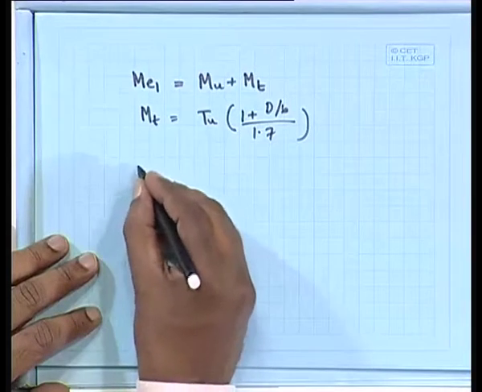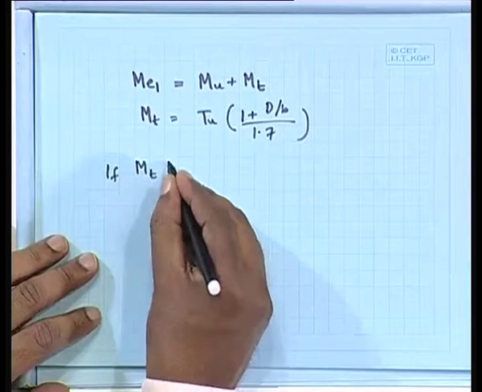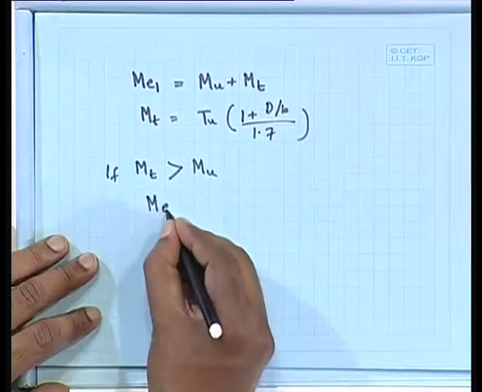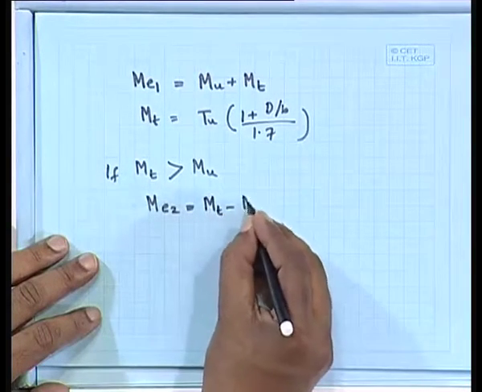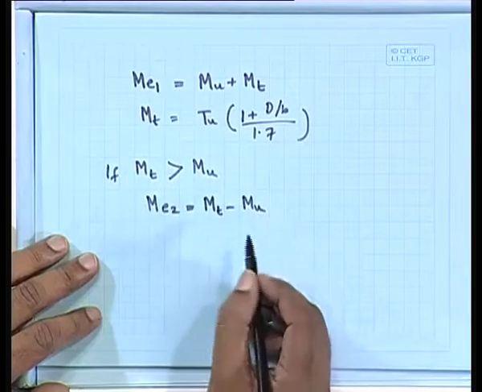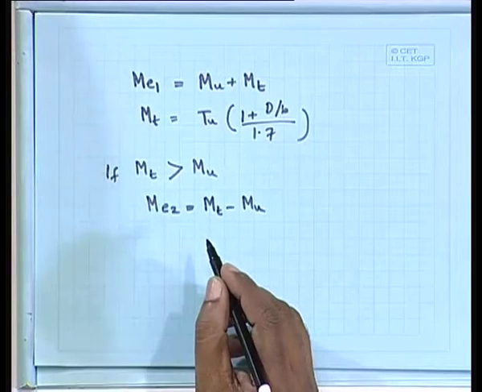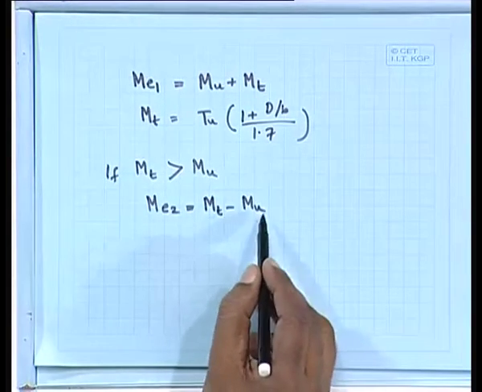The other case is that if Mt is greater than Mu, then Me2 will be equal to Mt minus Mu, and for that we have to provide the reinforcement at the top, taking Me2 equal to Mt minus Mu.